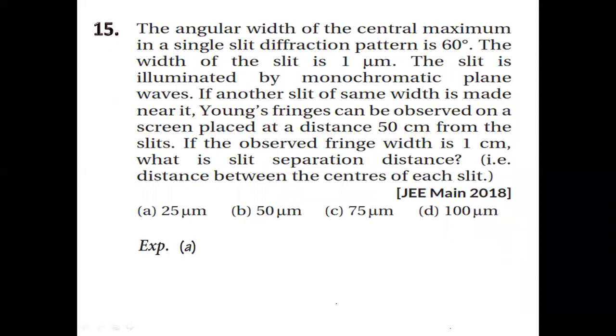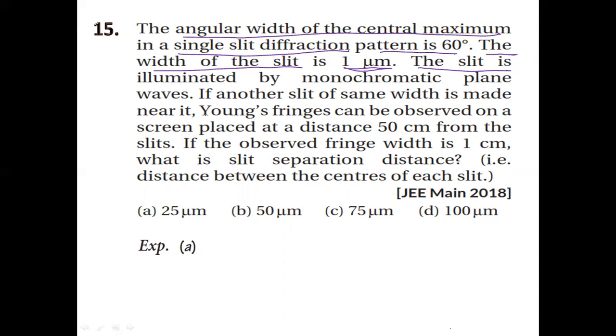Next question. The angular width of a central maximum in a single slit diffraction pattern is 60 degrees. The width of the slit, that is small a. The slit is illuminated by monochromatic plane waves.